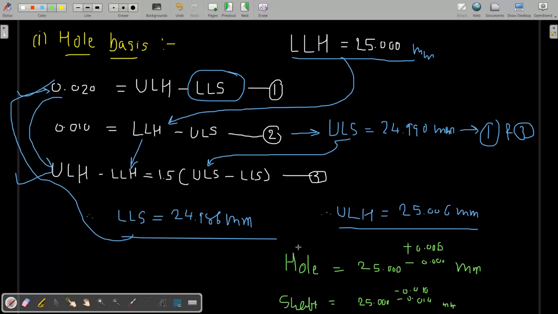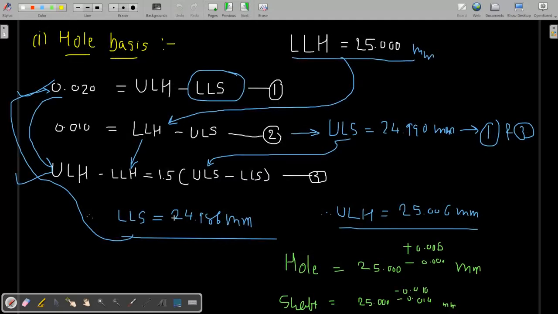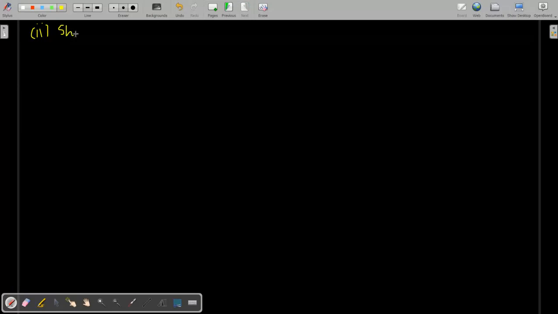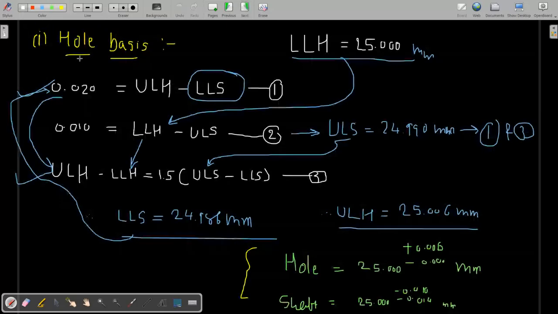Next we move to the shaft basis system. What I wrote over here on the previous slide is the dimension for the hole basis system. Now if we move to the shaft basis system, we again have the same equations 1, 2 and 3, but what is the change?